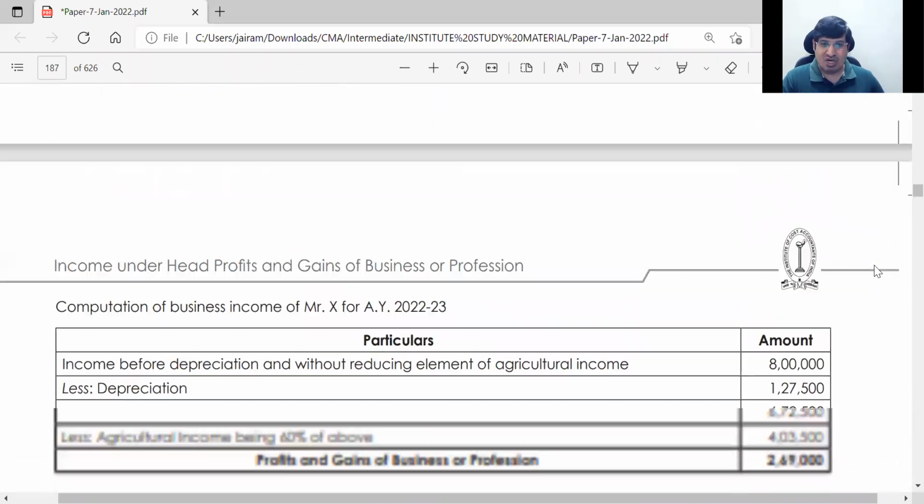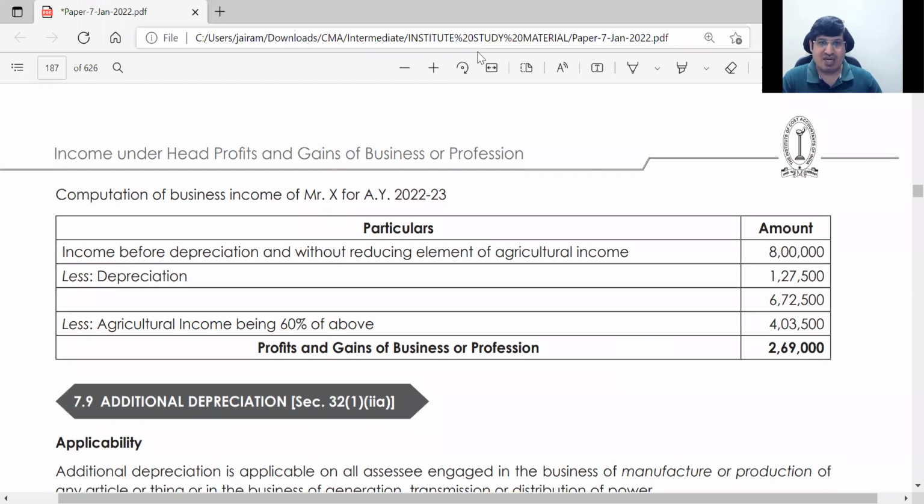So how you now have to compute is take your income before depreciation and before reducing agricultural income, which has been given to us as 8 lakhs. This depreciation is for both, correct? So out of 8 lakhs you can directly deduct it, 1,27,500 for both. If you do this minus this, you will be left with this.